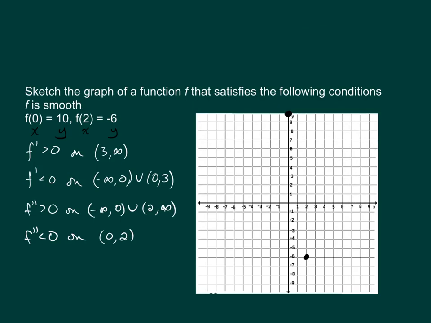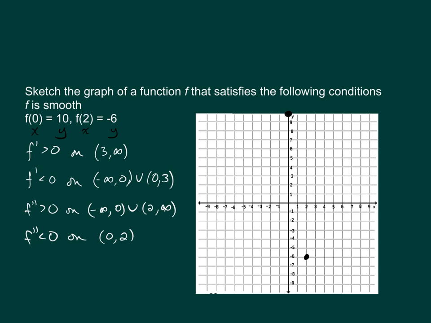I apologize for moving this on the slide in the middle of a video. I just realized that this graph wasn't going to be in the right place, so I needed some room up here. For the first derivative, I'm only interested where it goes from positive to negative or negative to positive. The only sign change in the derivative is at the x value of 3.